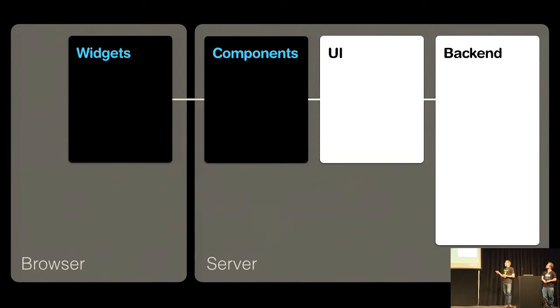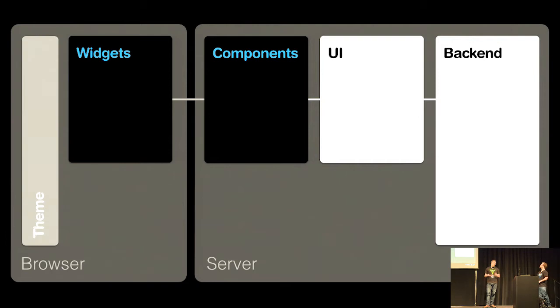The actual application logic stays securely on the server side, and the GWT widgets, automatically bundled with the components, don't know anything about it. On top of this, we can create our own theming mechanisms just the way we want.